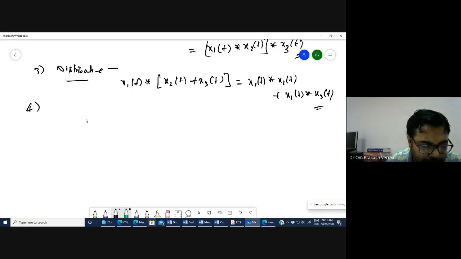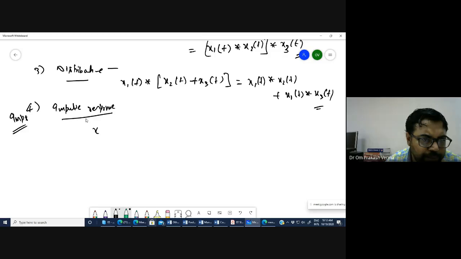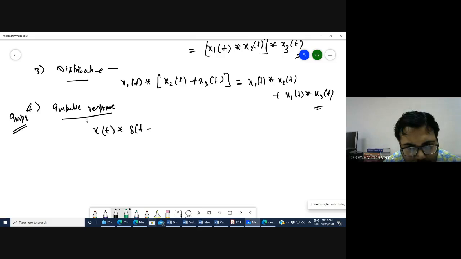The fourth property is the impulse response. So always remember, it is very important. It's the most important property. Let's say you are going to convolve x(t) with delta(t minus t1).